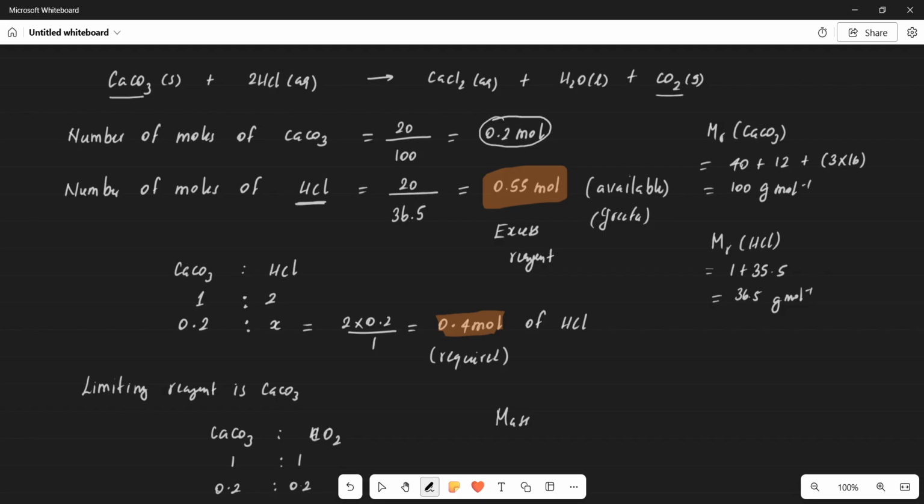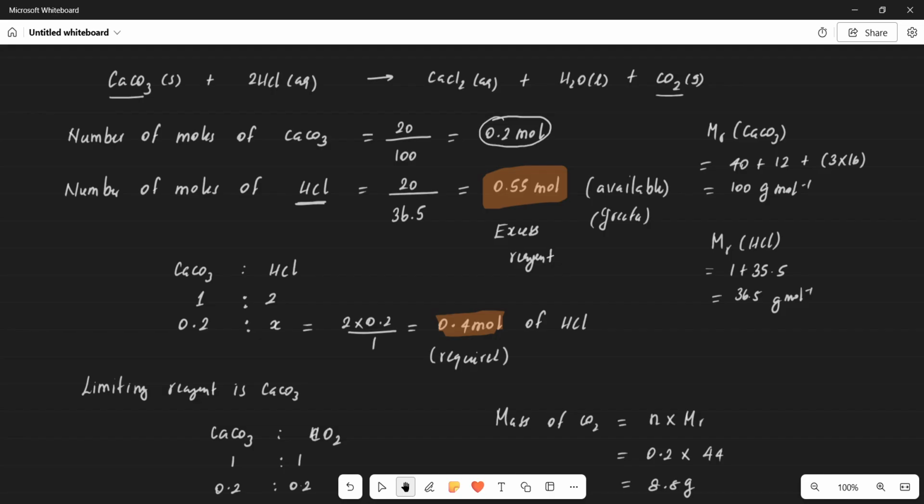So mass of carbon dioxide will be number of moles multiplied by molar mass. Number of moles 0.2, molar mass I found at the beginning of this video is 44, which is going to be 8.8 grams.